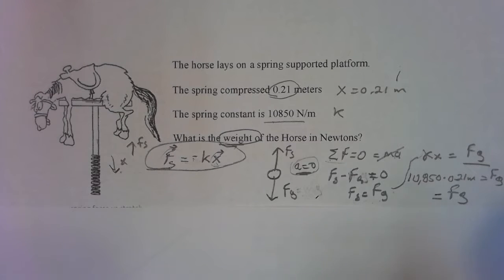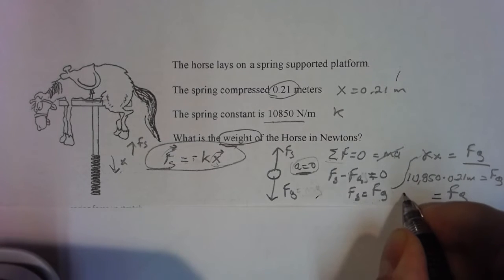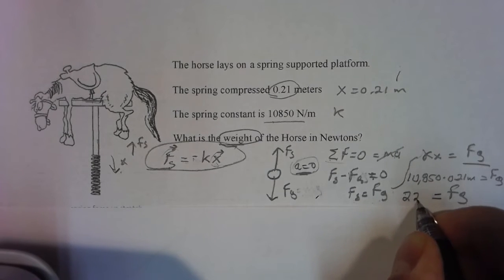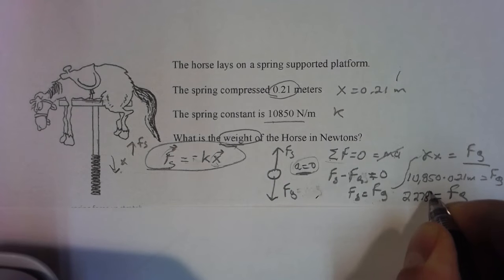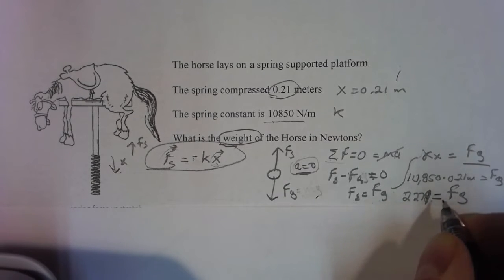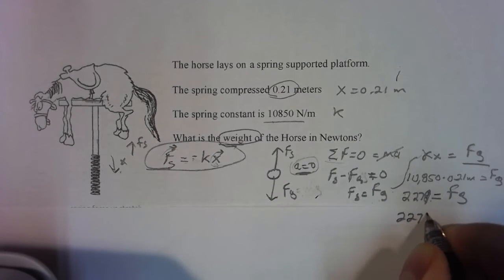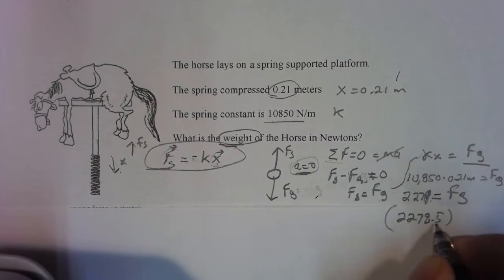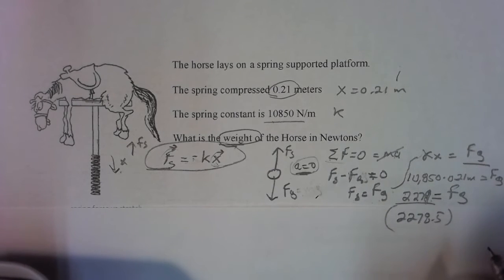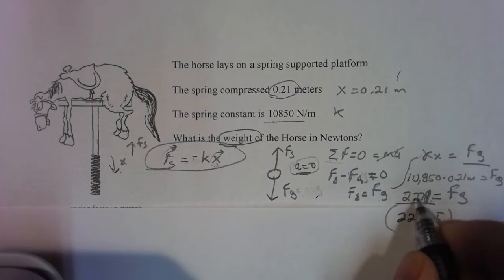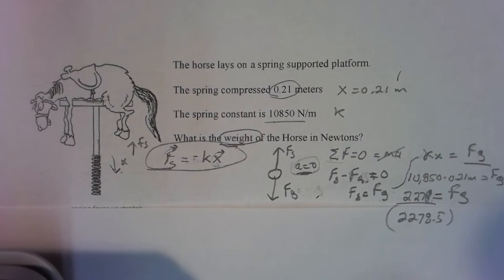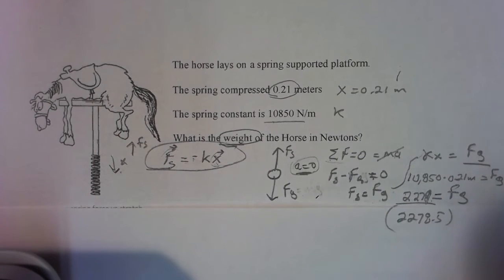Right, and we've got 2,278.5, but I think we've got to put all whole numbers in this answer. So there's my answer: 2,279 newtons. That's a pretty light horse. So, pony.